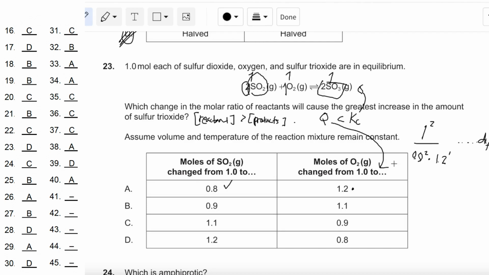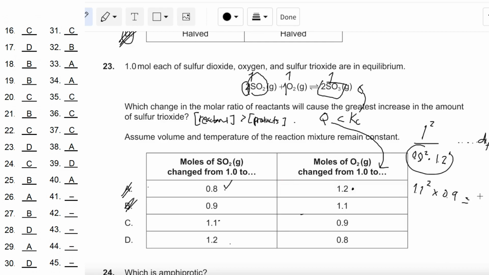We just need to find the biggest denominator number to get the smallest Q. If you check 0.8 and 1.2, of course, 1.2 and 0.8 are the highest. So A and B are not the answer. What about 1.1 squared times 0.9?